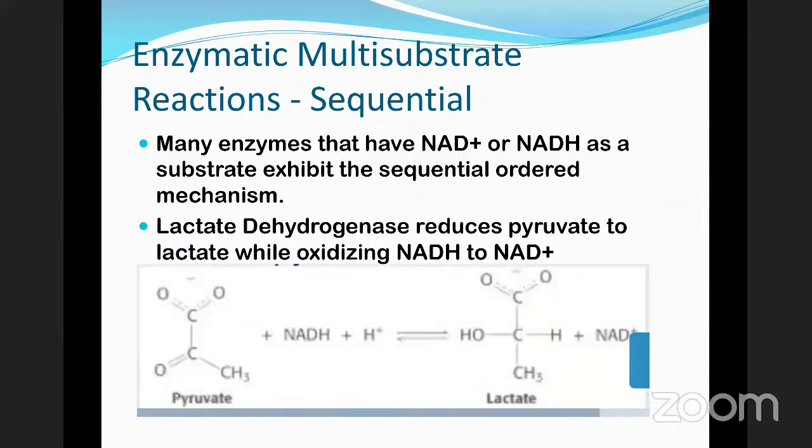Okay, so this would be your pyruvate catalyzed by your lactate dehydrogenase and oxidizes your NADH and produces your lactate and your NAD plus. Okay. So any NAD plus or NADH, think sequential ordered mechanism.